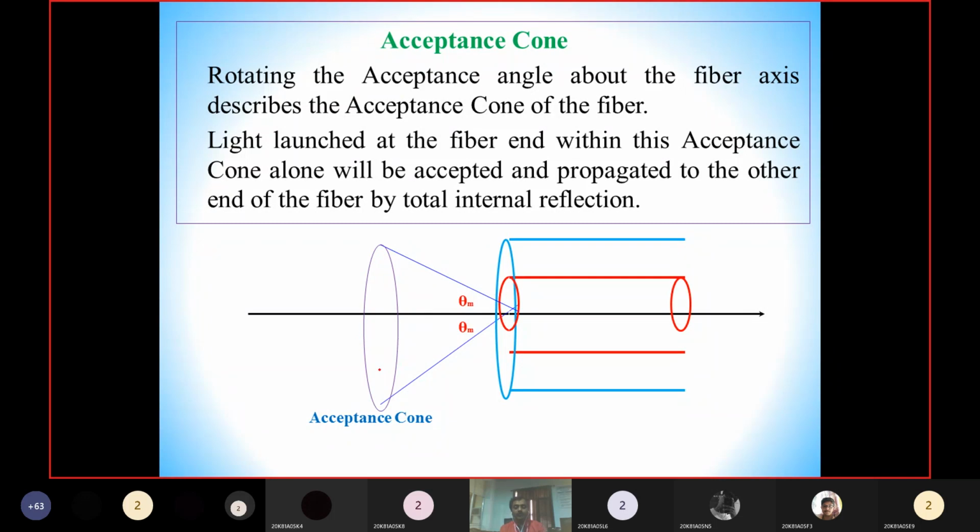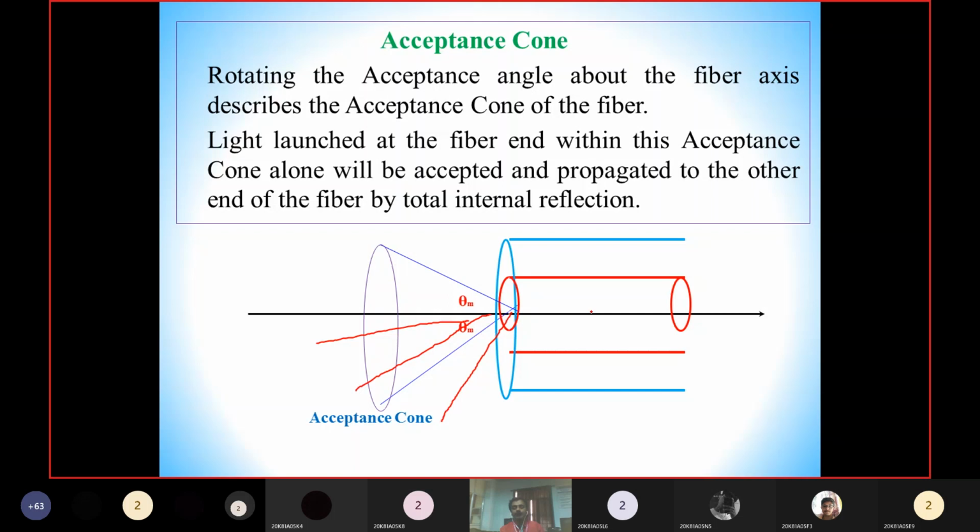If the light ray is incident inside the cone only, then the light will propagate. If it is incident from outside, the light does not propagate inside the fiber.